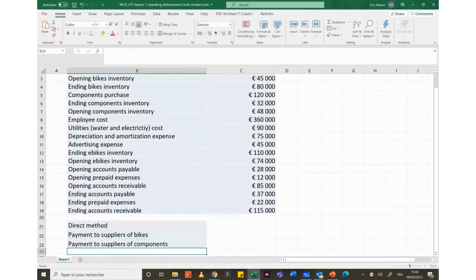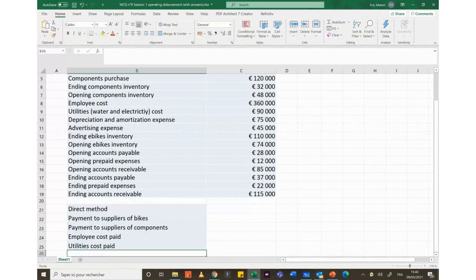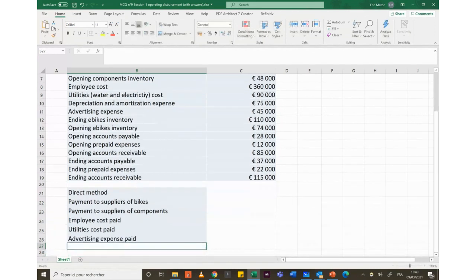You have the employee cost paid. You want the utilities cost paid. You don't pay the DNA expense, non-cash expense. You want the advertising expense paid.